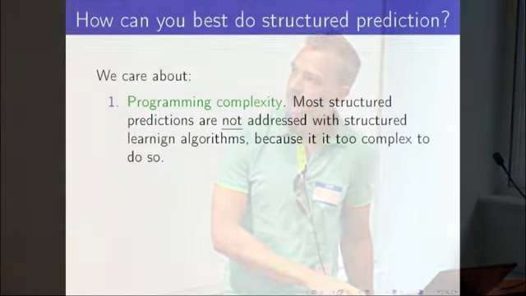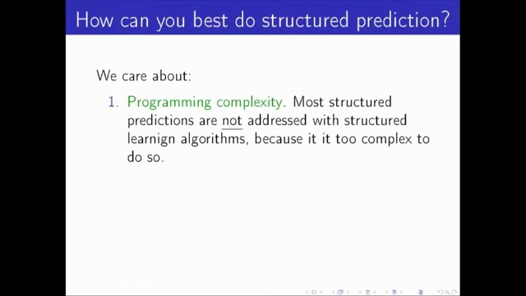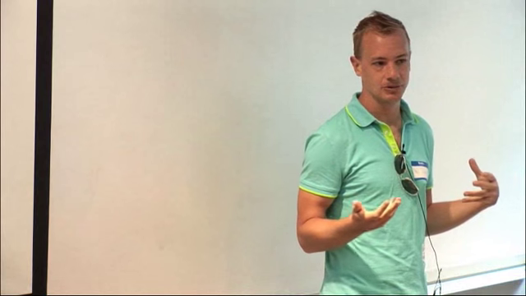Lots of people have worked on structured prediction. The standard thing people do is conditional random fields or variants like max margin Markov networks. These things tend to be difficult to program if you're not a machine learning expert.